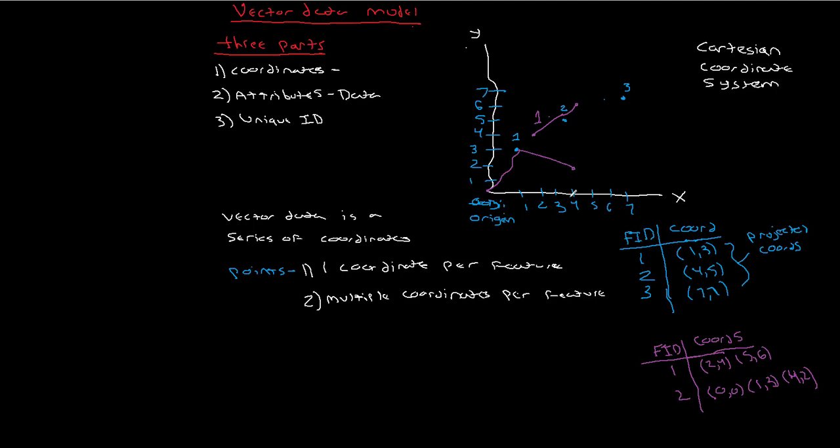And so when we have multiple coordinates per feature, we call this a line. If it is exactly 2, it is a true line.